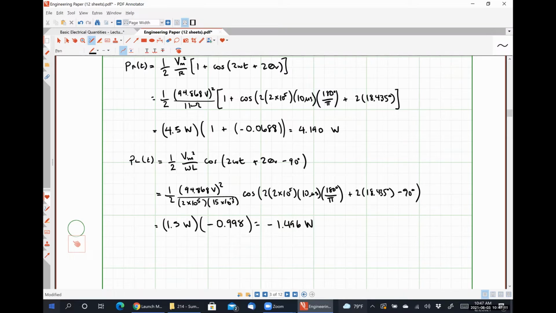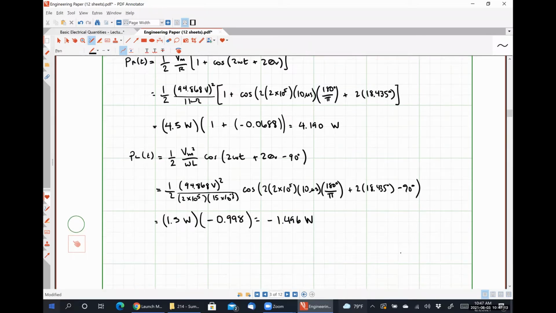What I should observe is that PS of t plus PR of t plus PL of t is equal to 0.